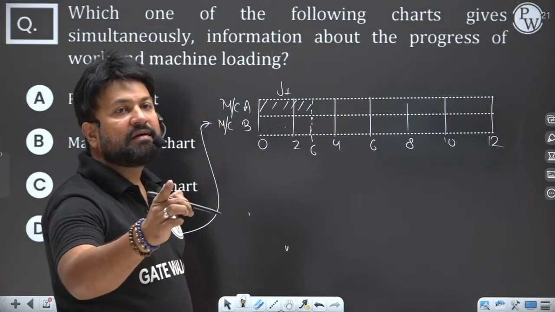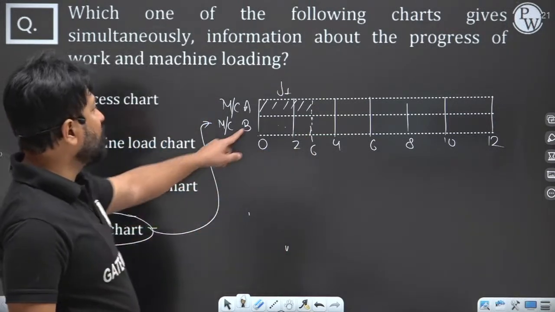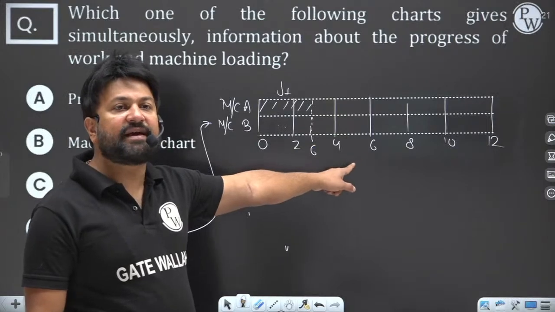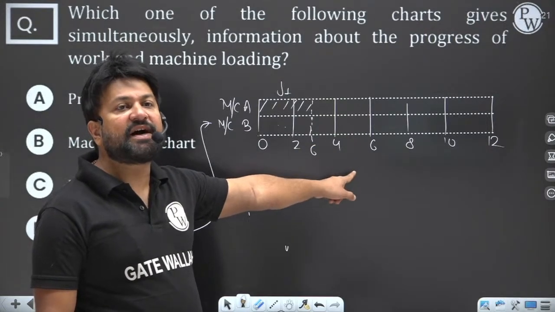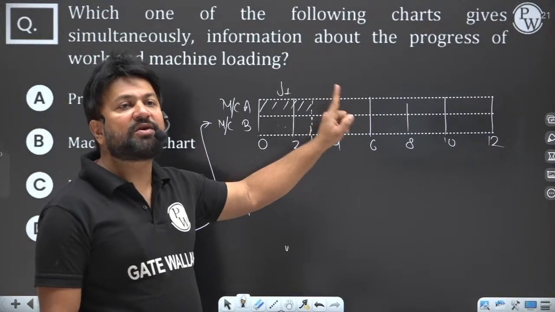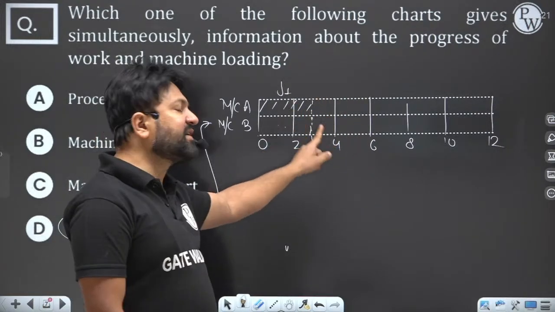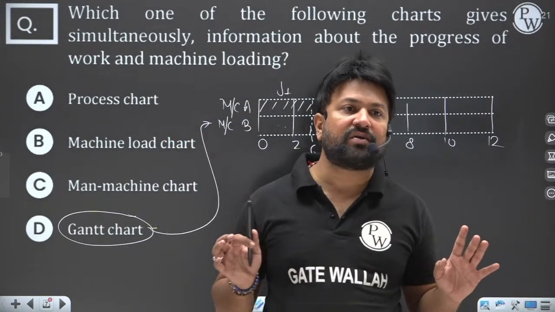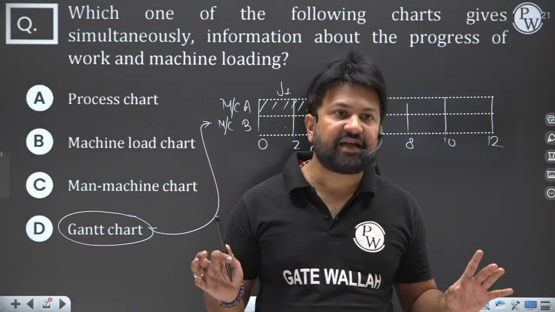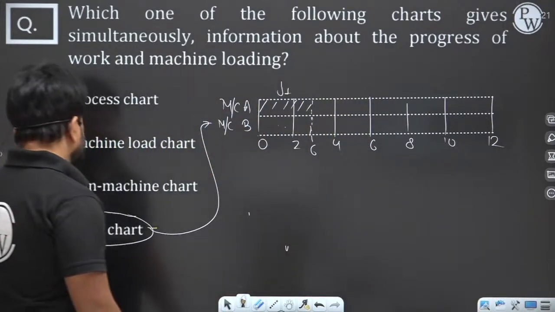My dear student, a Gantt chart will only show you the processing time and the idle time of the machine, yes or no? Then how can you select a Gantt chart?